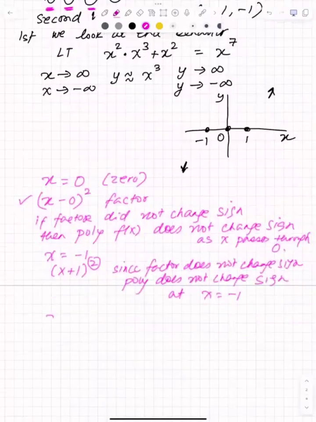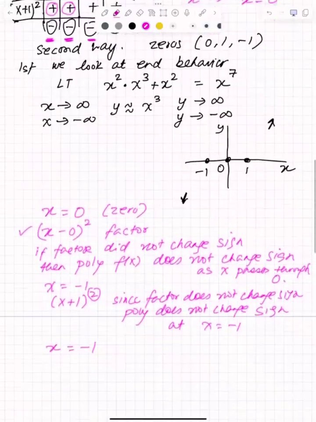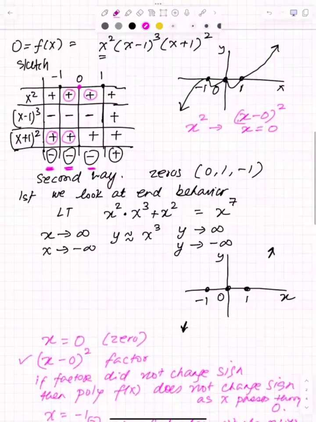Now look at the final zero. The final zero was x equal to 1. The factor associated was x minus 1 cubed. Now look, to the left of 1, x minus 1 cubed was negative, and to the right of 1, x minus 1 cubed was positive.